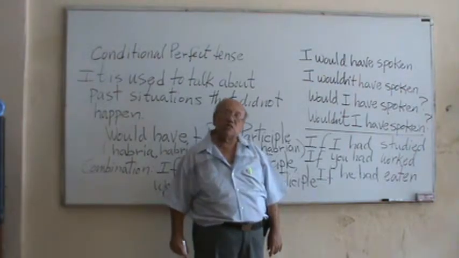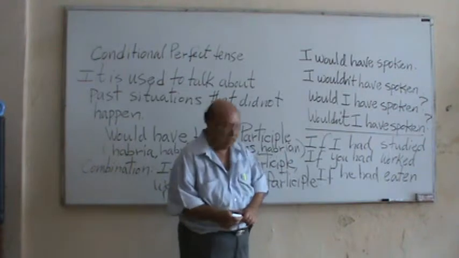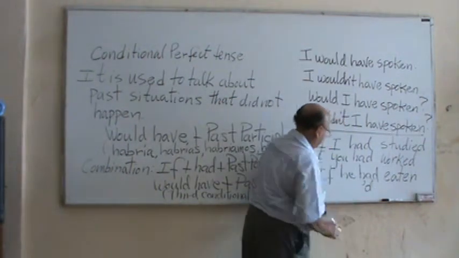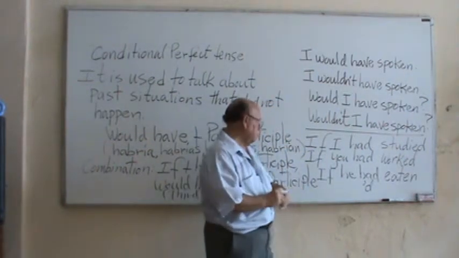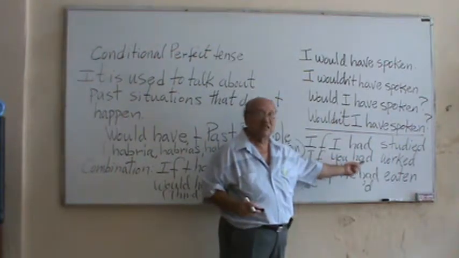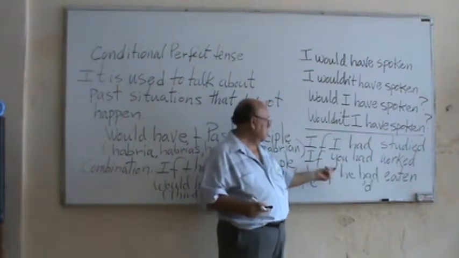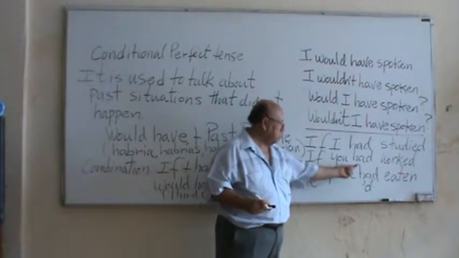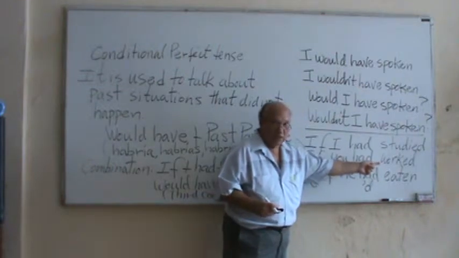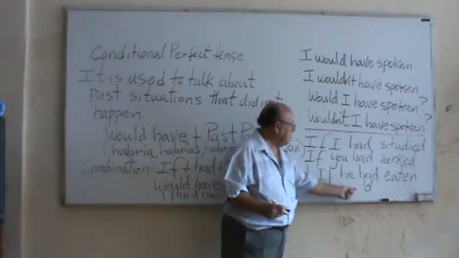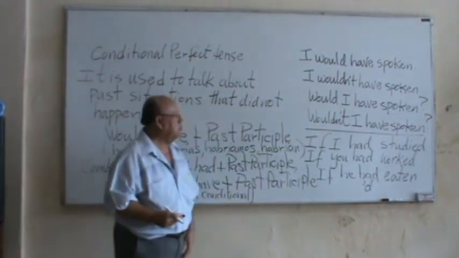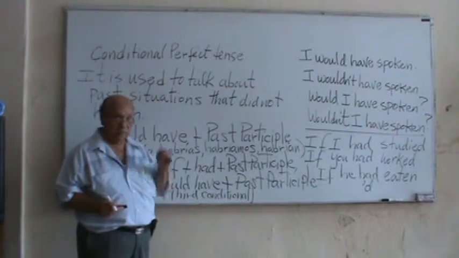We can also use the contraction of had like this, apostrophe D. For example, if I'd studied, si hubiera estudiado, if you'd worked, if he'd eaten, si él hubiera comido.